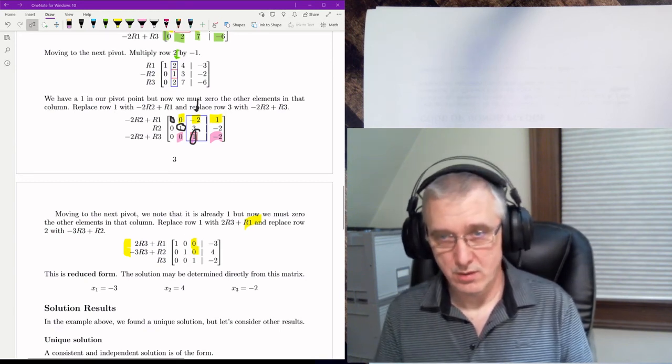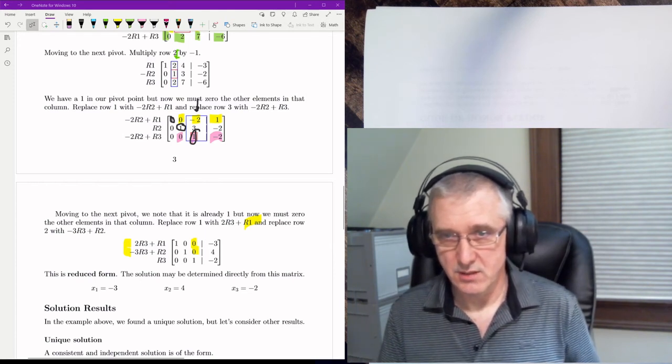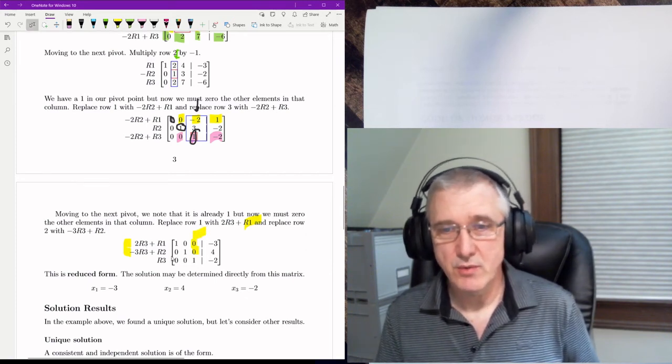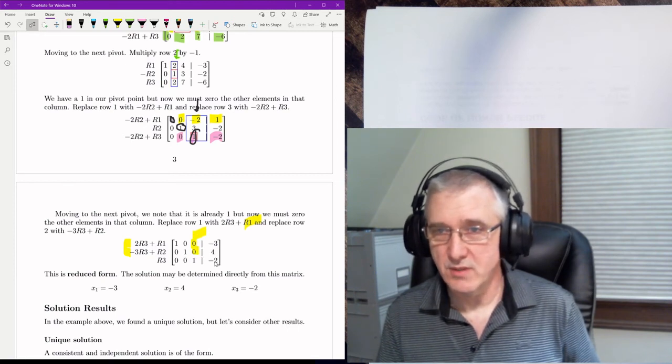We were looking at this. So let's see. 2 times row 3: 2 times row 3 is -4 plus 1 is -3.